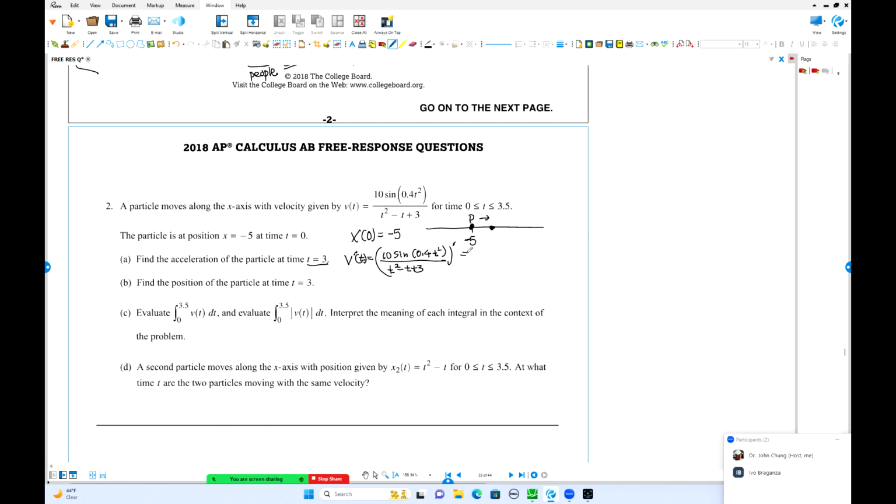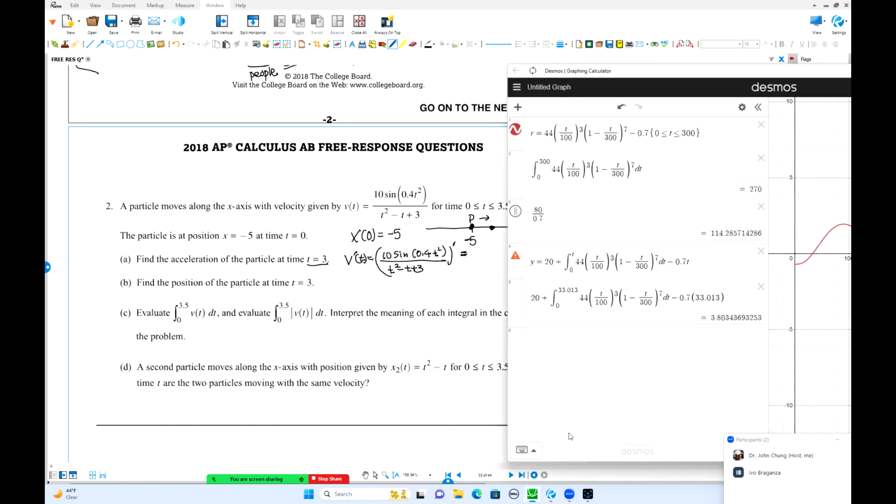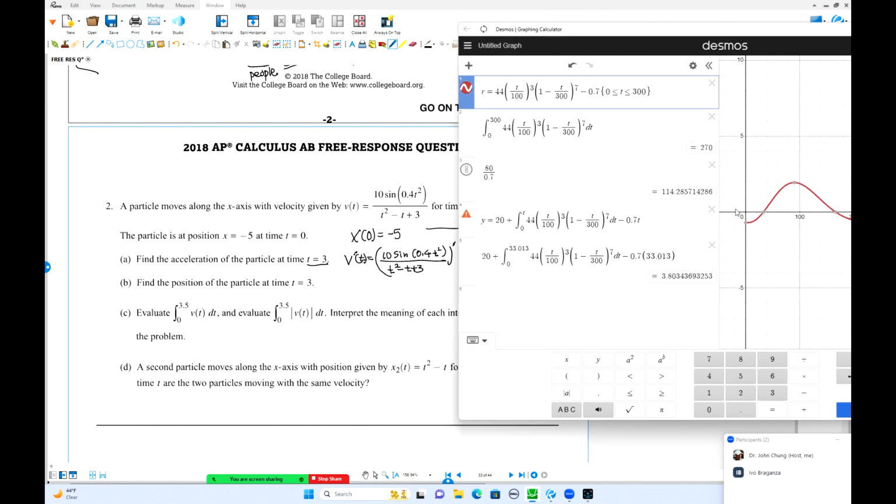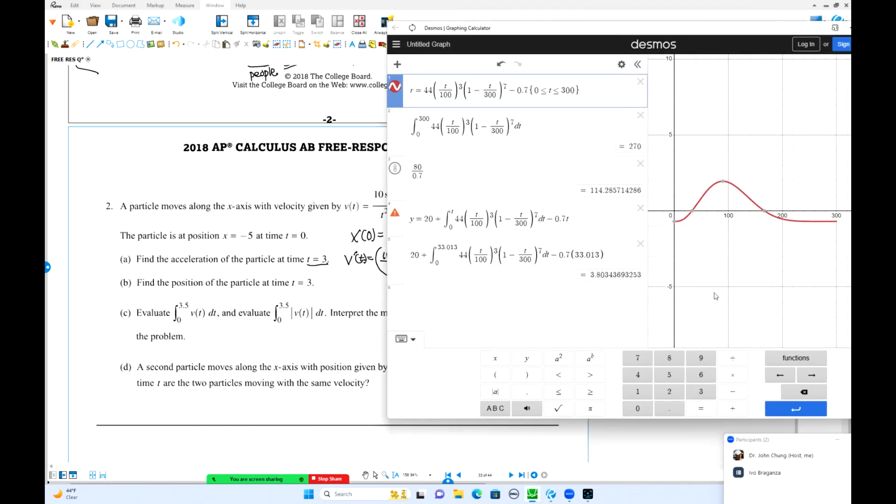But we can use a calculator, right? So you have some function to take a derivative of this one. Let me show you. They have a derivative function here. If you have a TI-89, they have a function to take a derivative.